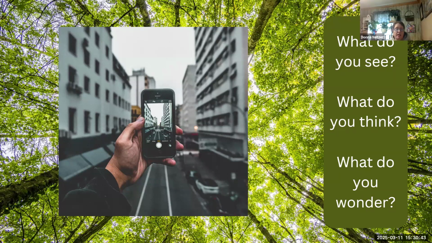It could be any number of things, and just presenting the opportunity to think and wonder, creating a safe space for, it's okay to feel what you feel. It's okay to see what you see, to wonder what you wonder. And maybe we'll have the answers and maybe we won't. And that's okay too.